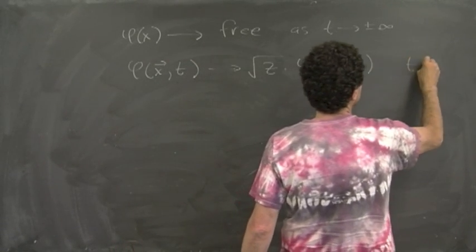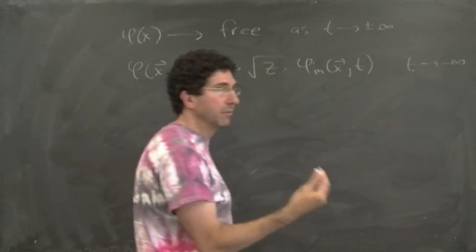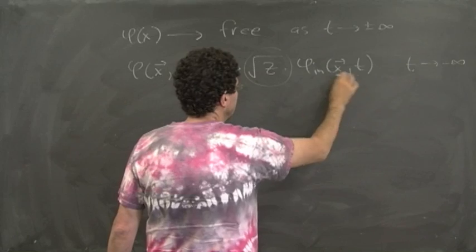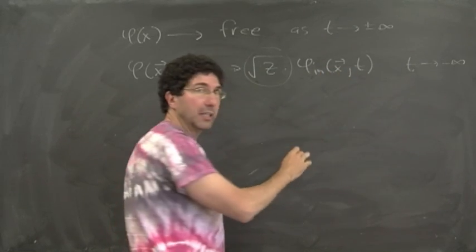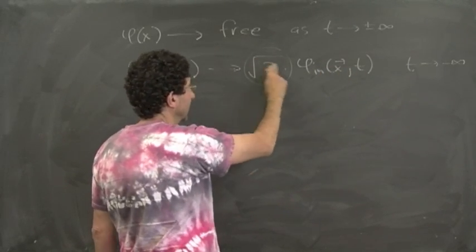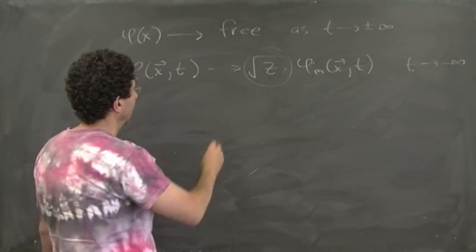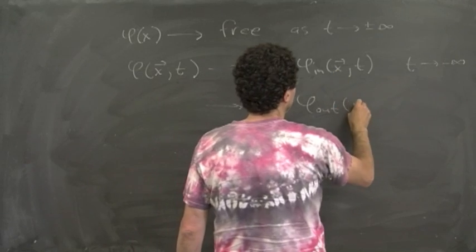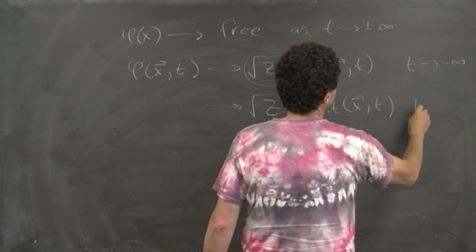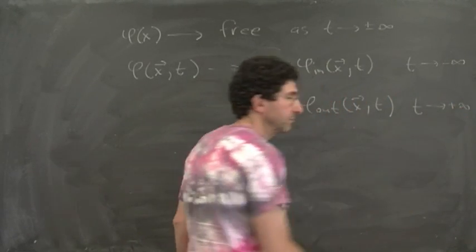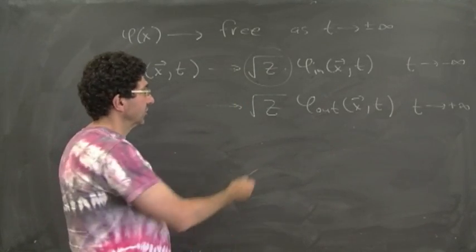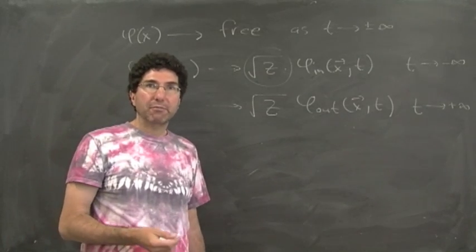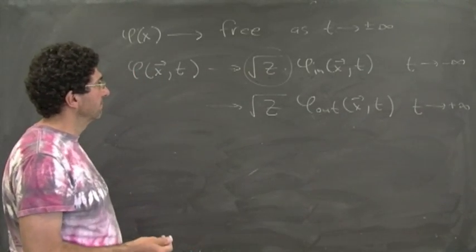So in the far past, the fields approach not canonically normalized free fields, but a factor times free fields, and the same factor times some free out fields when t goes to plus infinity. So when I say free fields, in general, I should allow some factor like this. Now, why shouldn't that factor just be 1?